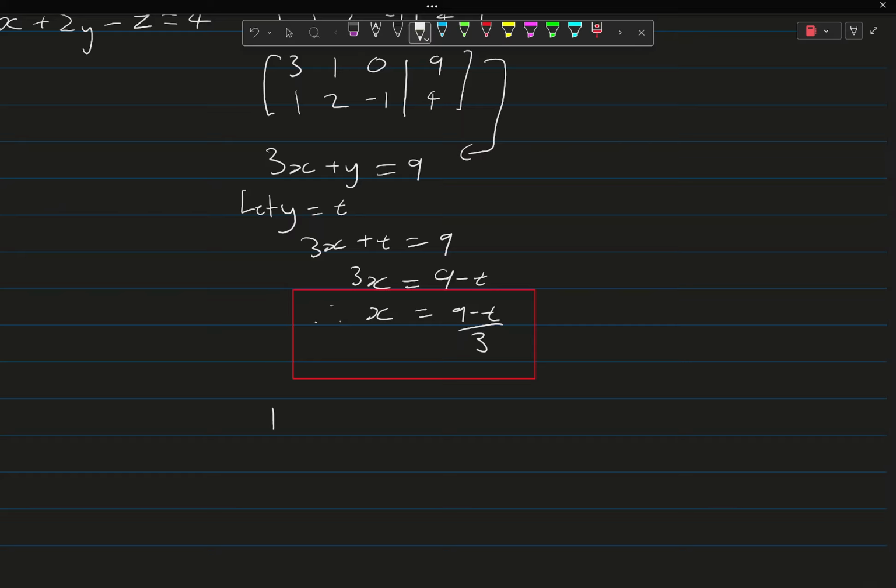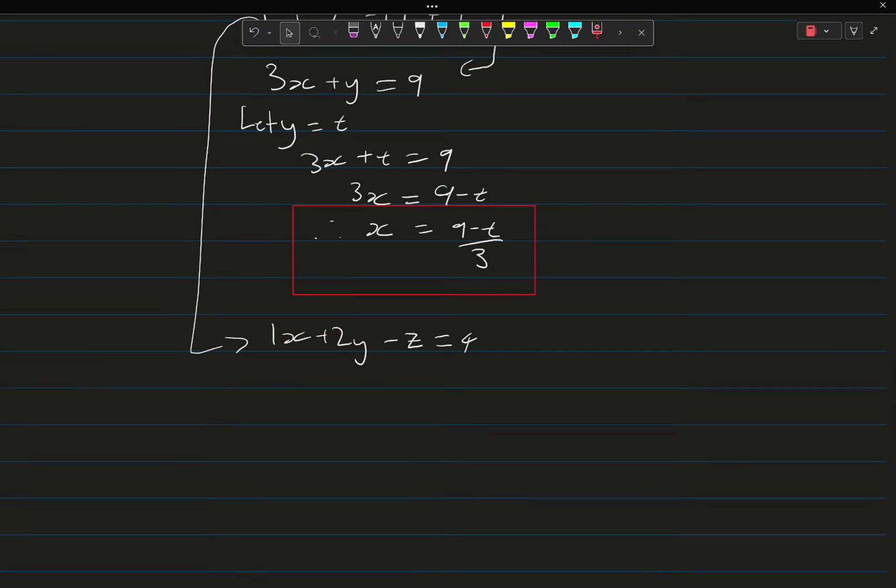So we have 1x plus 2y minus z equals 4 for the second equation. So we substitute in x, we substitute in y, which is equal to t, because we let y equals t, and we're solving for z.